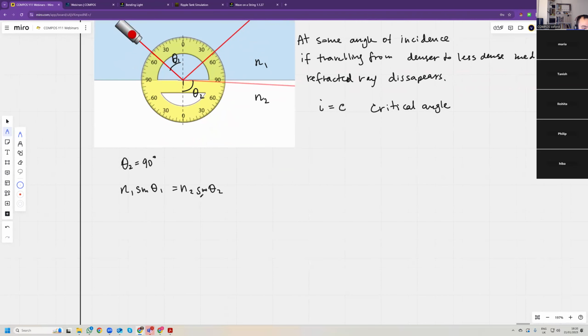If θ2 is 90, that's N1 multiplied by sine critical equals N2 multiplied by sine 90. Then the angle of incidence equals the critical angle, and the sine of the critical angle is N2 divided by N1.